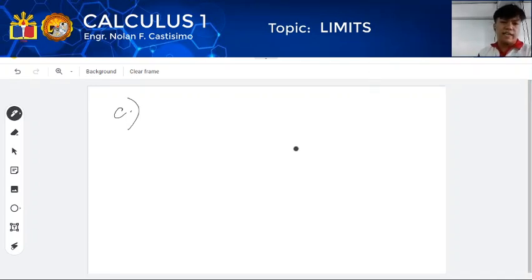Wag naman nating gawing medyo komplikado. Though hindi naman ganoon ka-komplikado pero yung parang malilito ka. So yung f of x papalitan natin. If h of w is equivalent to, wait, may kulang.